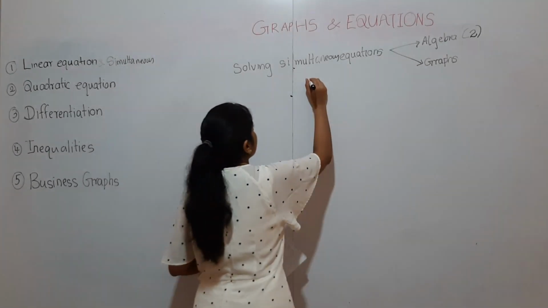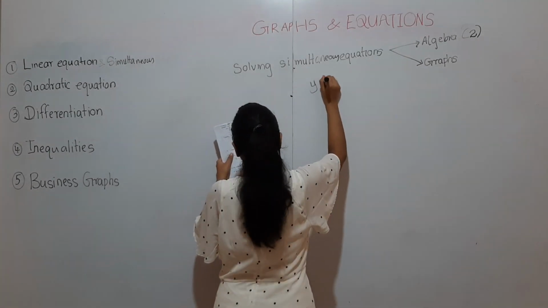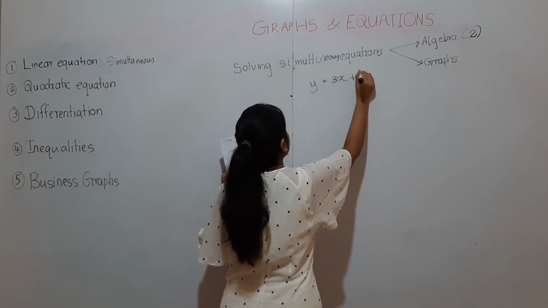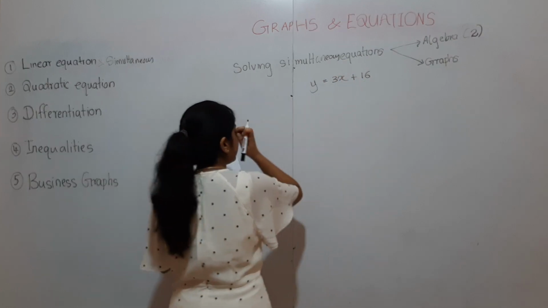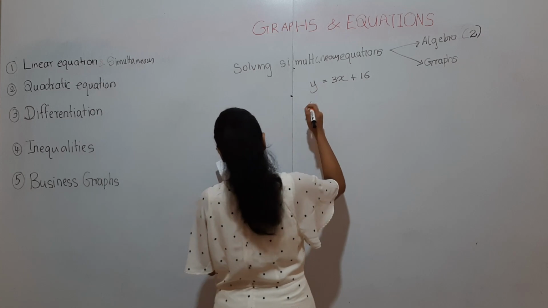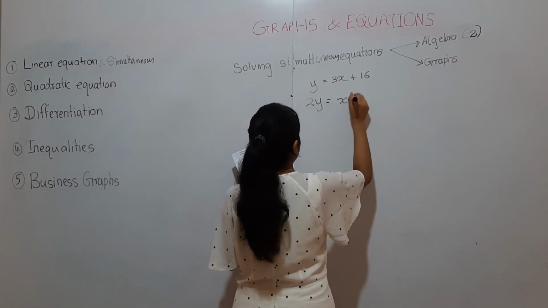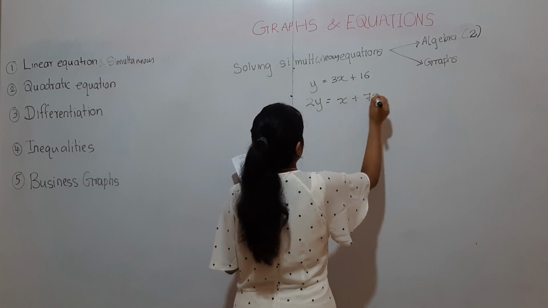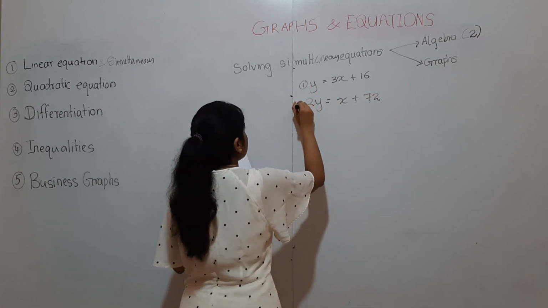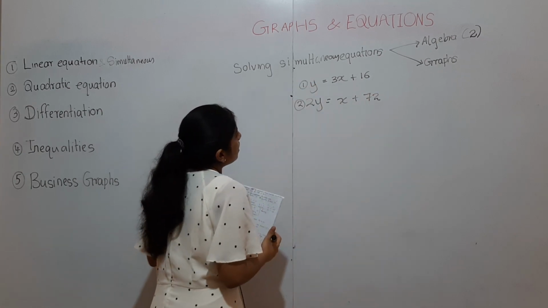Example, y equals 3x plus 16, and they have given another equation that has a relationship to this, which is 2y equals x plus 72. So this is the first equation, this is the second equation.